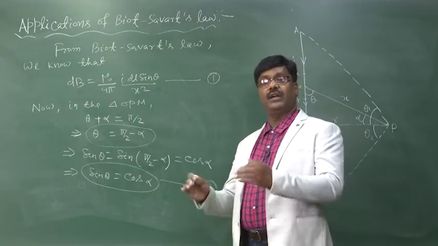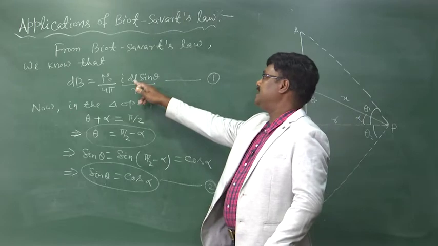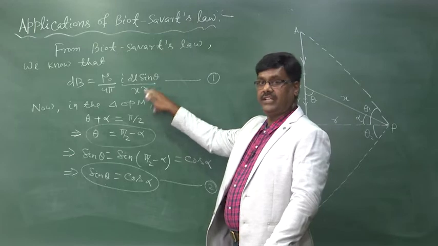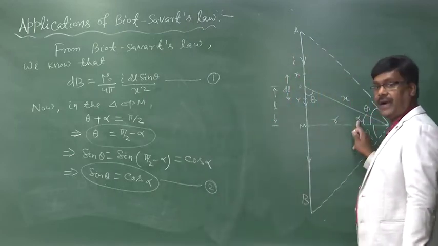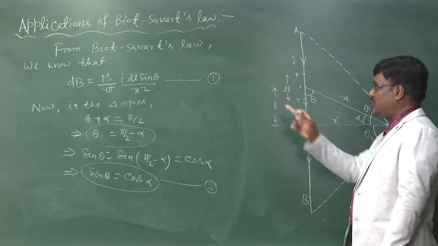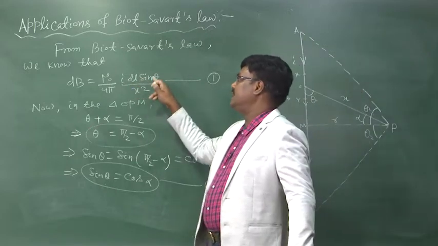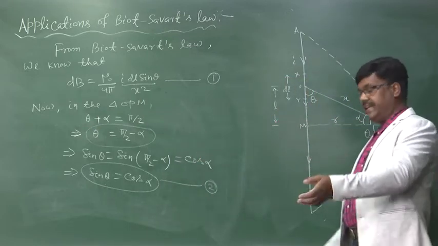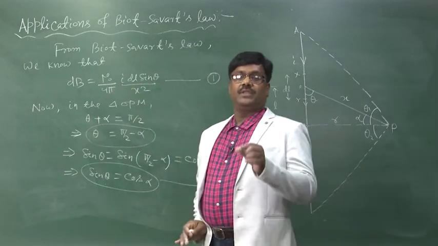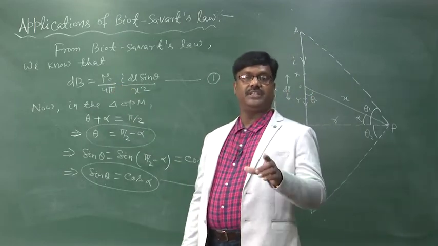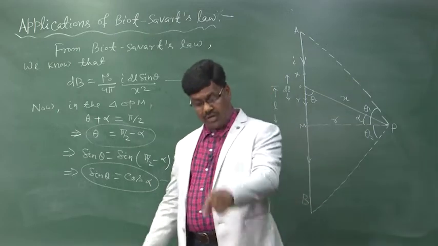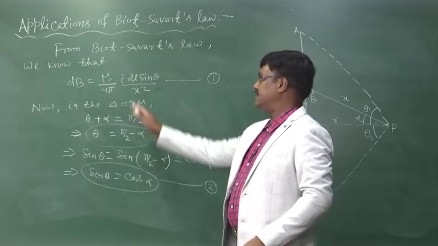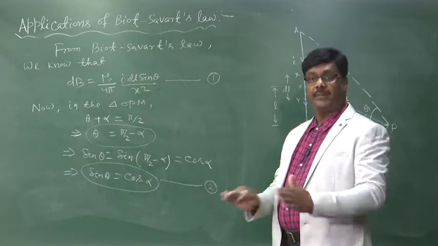We have to change these variables dl, theta and x into another variable alpha, and then by converting these three quantities dl, sin theta and x into alpha, we can integrate this equation using only the variable alpha. So now our duty is to convert these three variables into alpha.